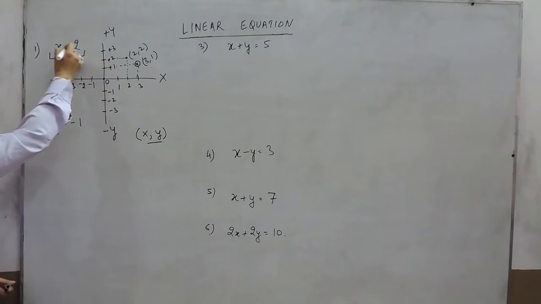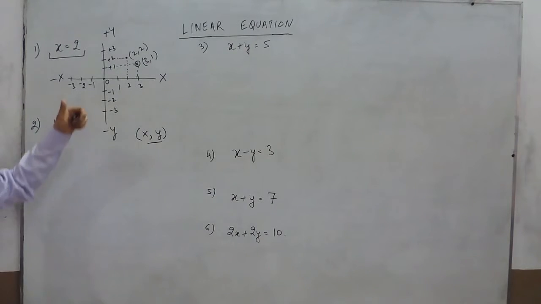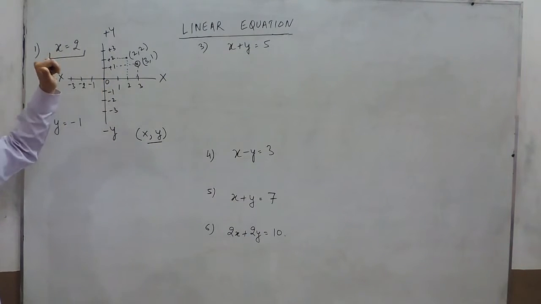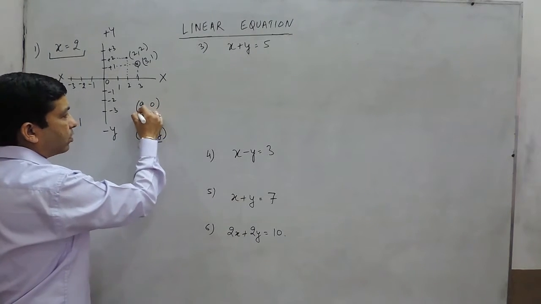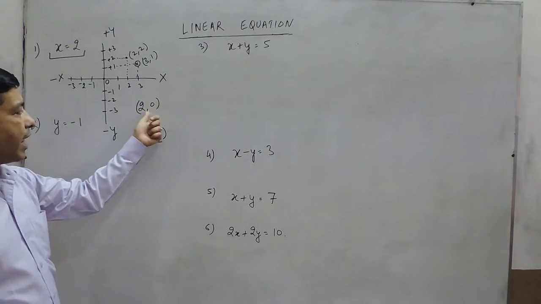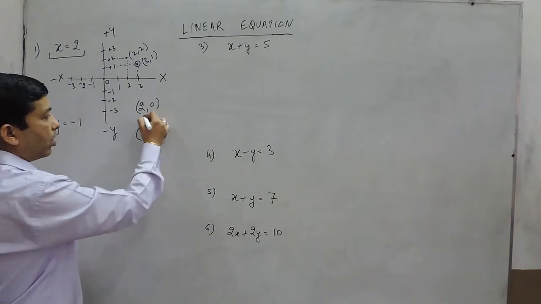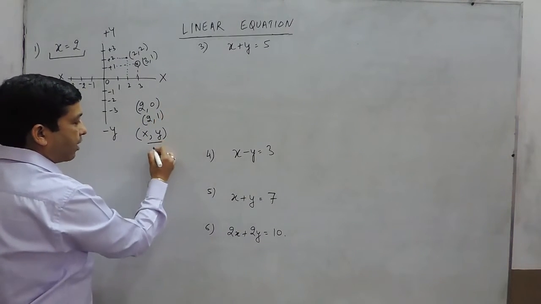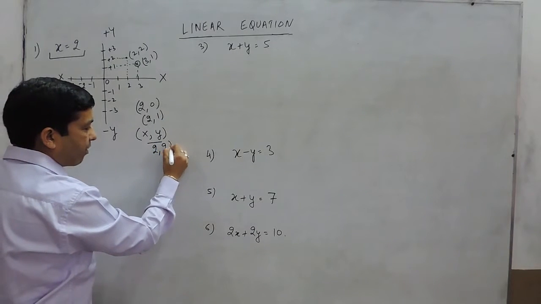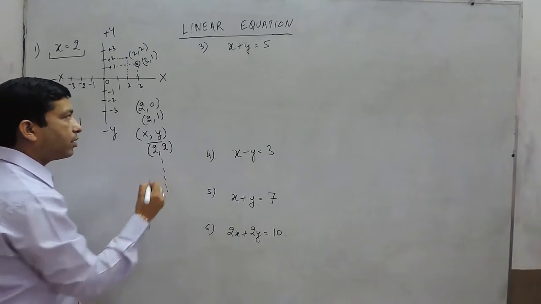When I am talking about x is equal to 2, that means whatever the value of y is, the x will remain 2. That means (2, 0): the value of x is 2 and the value of y is 0. The value of x is 2 and the value of y is 1. The value of x as 2 and the value of y as 2, and so on.